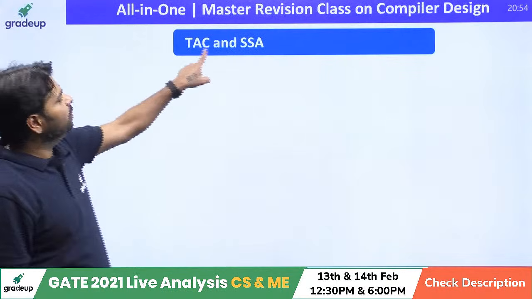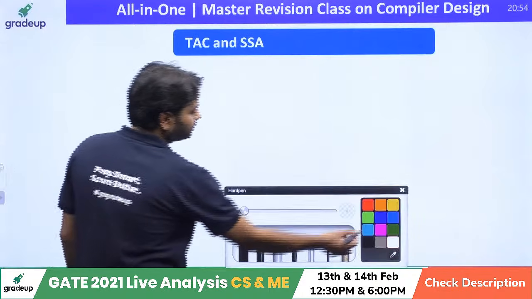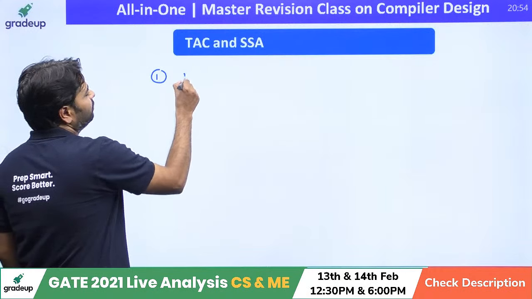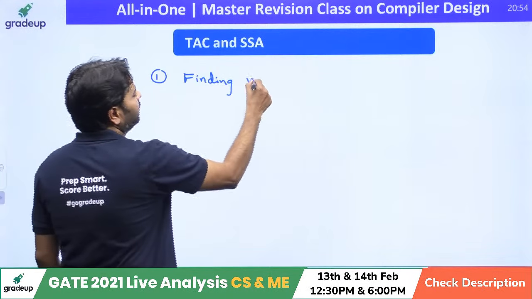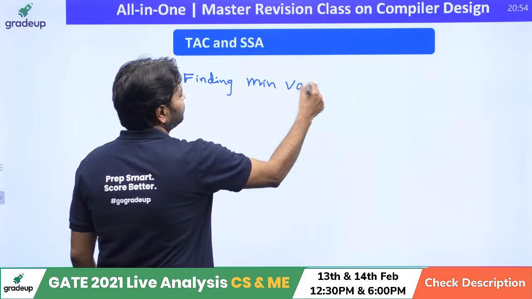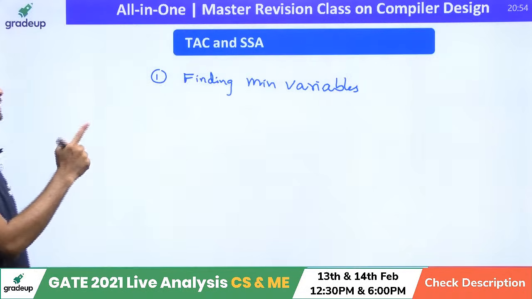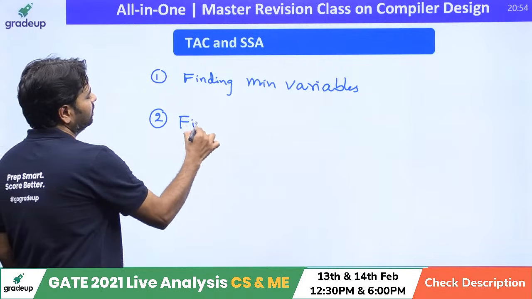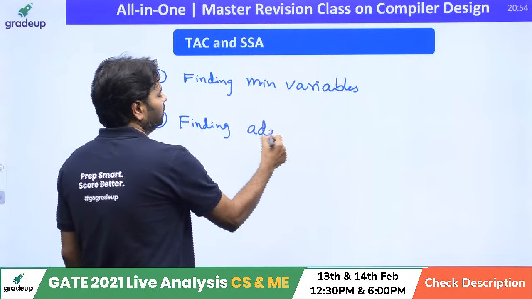Okay, now we need to focus on these two things. One kind of question is finding minimum variables, which is one of the difficult points here. And second, finding additional variables.